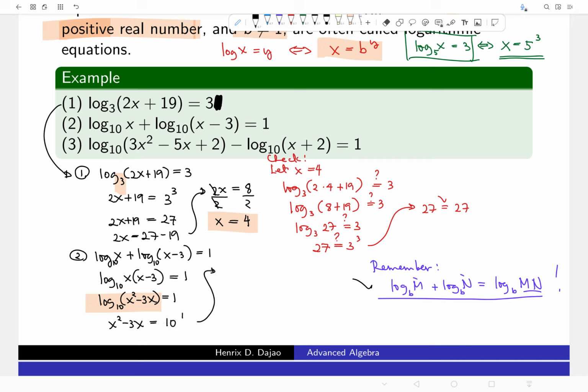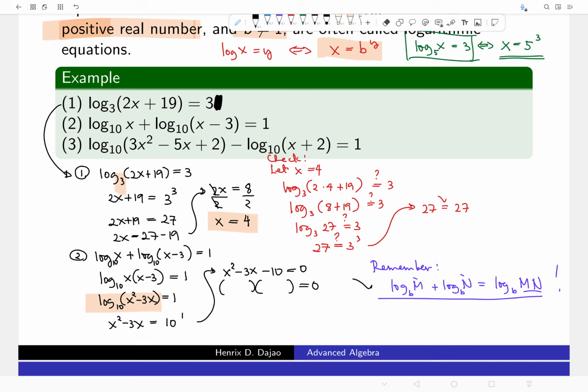This becomes a quadratic equation. 10 raised to 1 is 10. Then transpose to the other side, that becomes minus 10. And remember, we're going to solve a quadratic equation now. I think we can use factoring here.